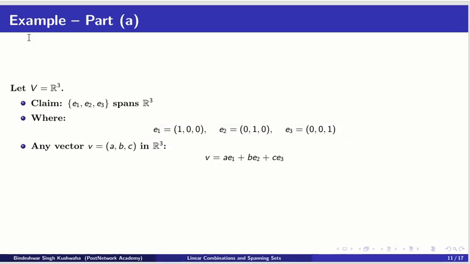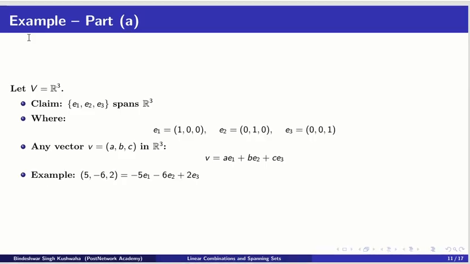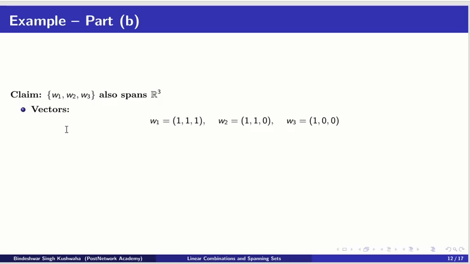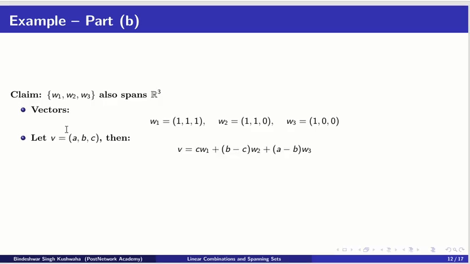So here (a, b, c) in R3, you can simply express it. Let us see an example: (5, -6, 2), where instead of 7 you can simply replace it. So any vector can be constructed using these three vectors in R3. Again, using these three vectors, we can construct any vector from R3.